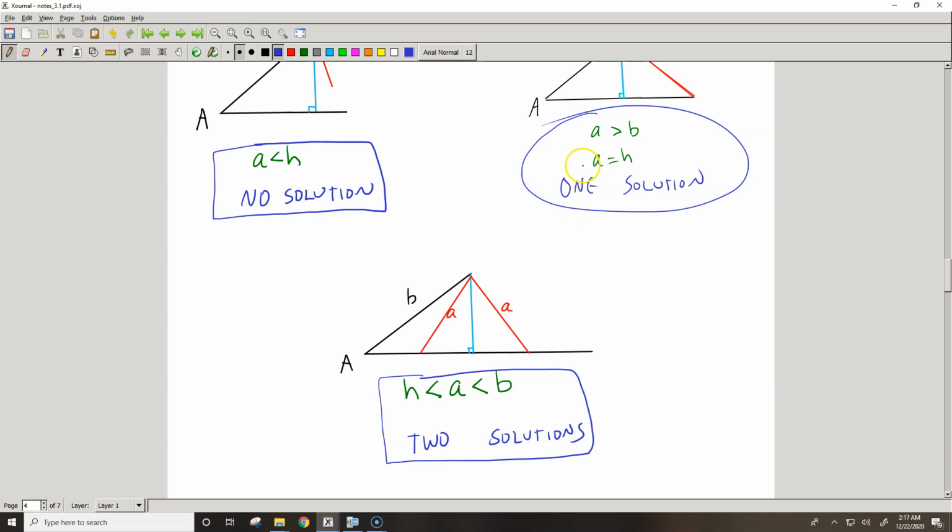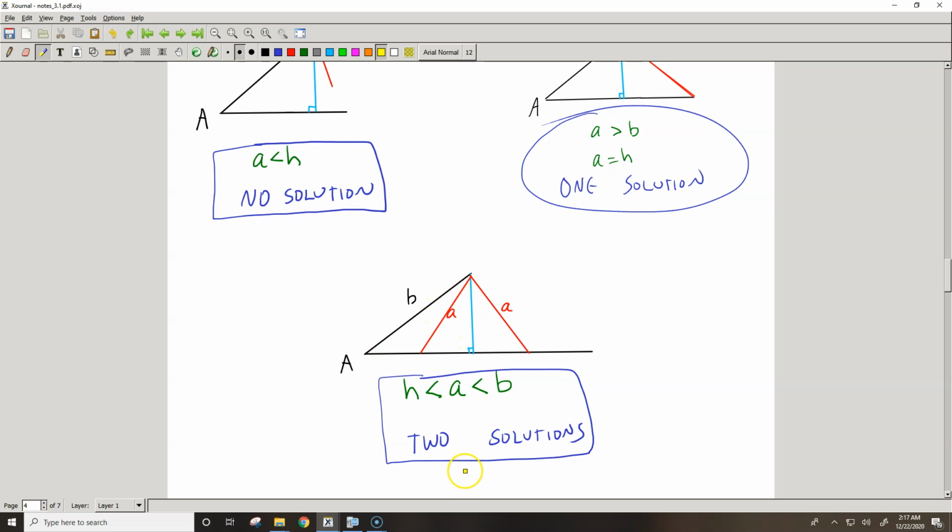And notice here that for these two triangles that we draw, one of the angles, angle B, which is right here in the first triangle, is going to be acute, but for the second case, angle B right here is going to be obtuse.